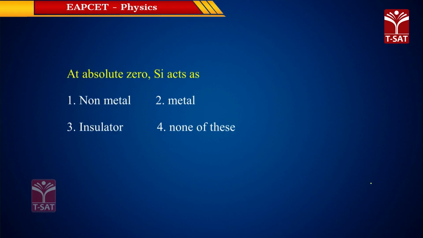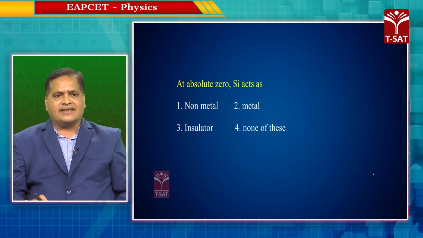At absolute zero, silicon acts as... see children, the substances, according to the flow of electrons, are classified into three types: conductor, insulator and semiconductor. In conductors, electrons easily travel from one place to another place.